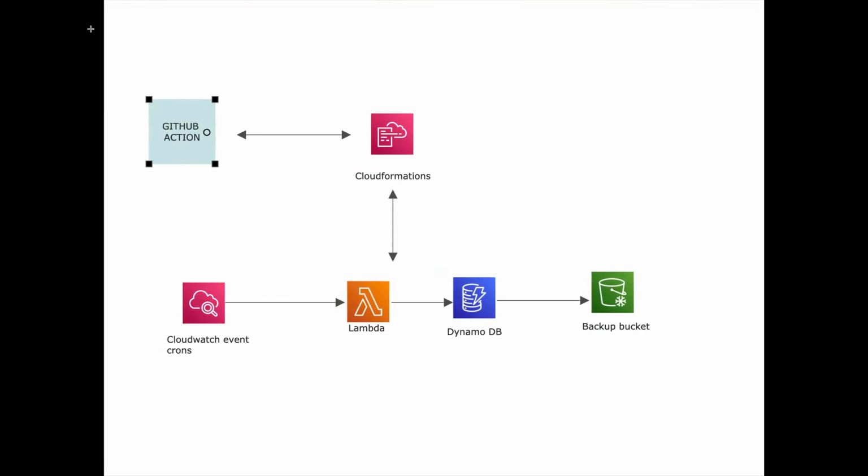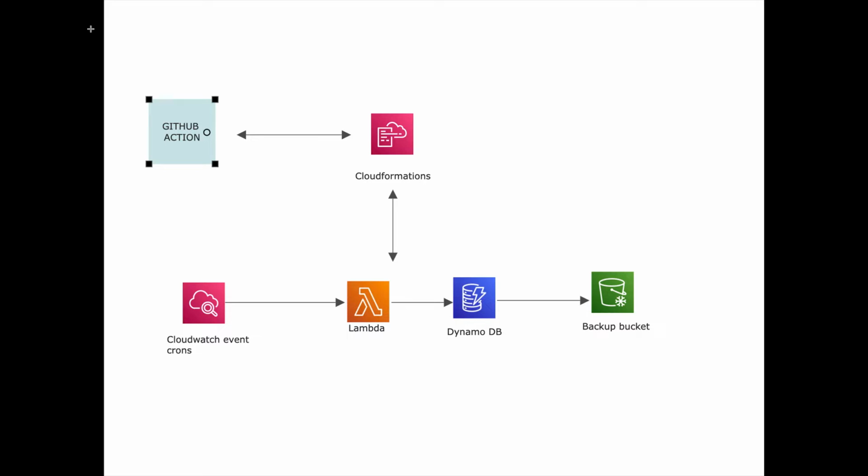Here we have a GitHub Action, which takes care of CloudFormation, and this CloudFormation is invoked using CI/CD. I will show you how it is working in the next step.